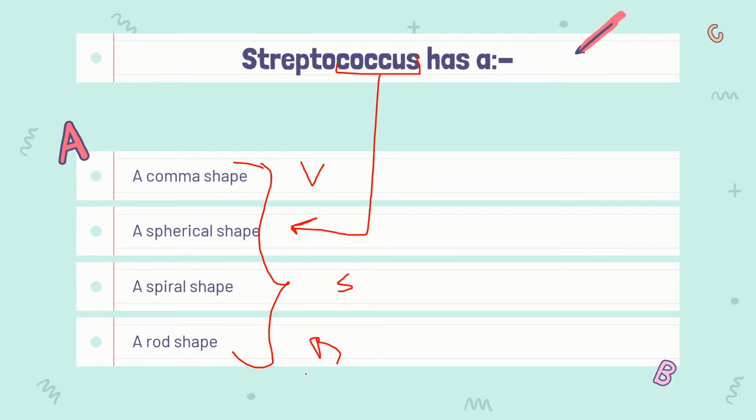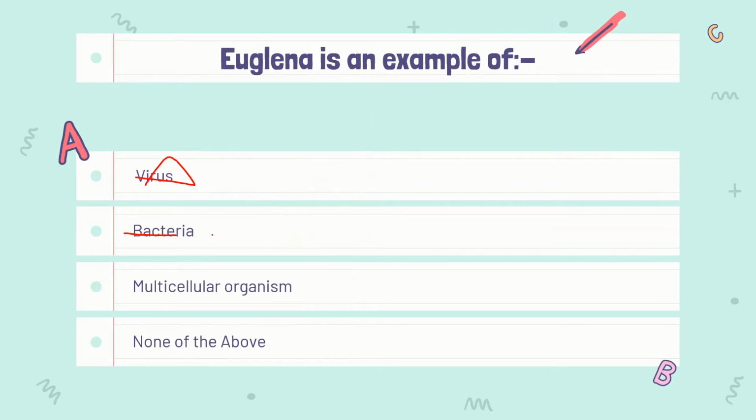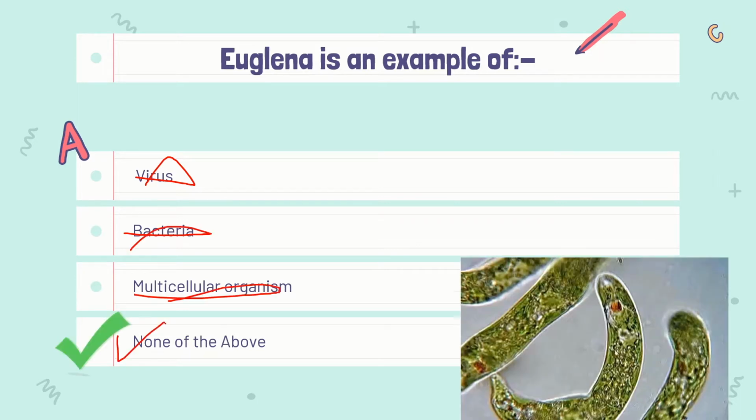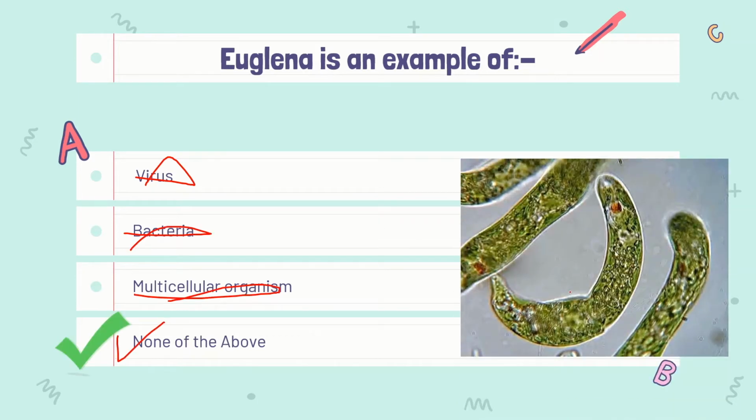Okay, so Euglena is an example of, it's not a virus, it's not a bacteria, it's not a multicellular organism. So none of the above. It is actually a protozoa. Really? Is it a protozoa or an algae? Because it's green, right? See how it looks. No, it is actually a protozoa.